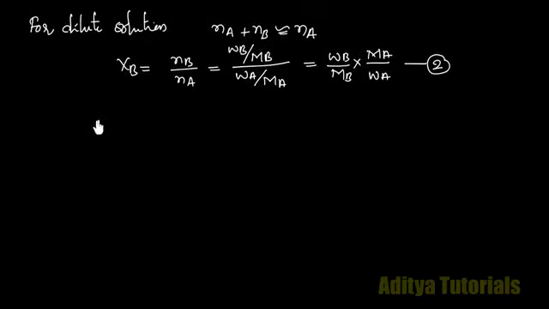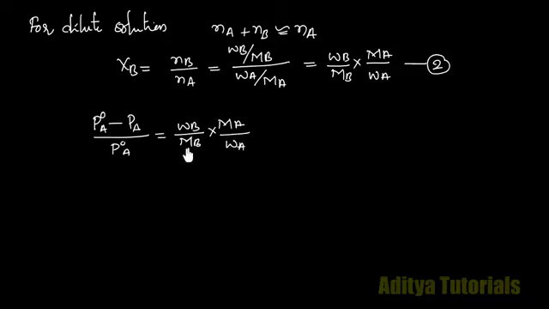I am going to write P naught A, the vapor pressure of pure solvent, minus the vapor pressure of the solution, divided by the vapor pressure of pure solvent, that is equal to the mole fraction of B. Instead of B, I am going to write this value, that is WB by MB into MA divided by WA.